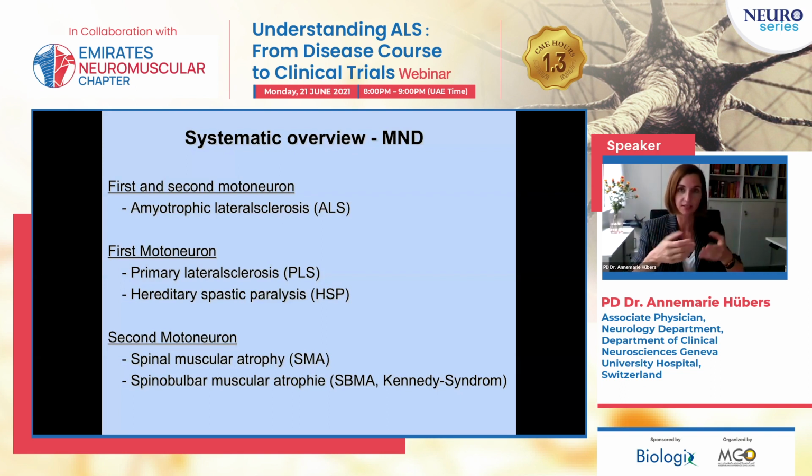And as the name implicates, this is a genetic disease. On the other hand, classical motor neuron diseases affecting only the second motor neuron are, of course, spinal muscular atrophy, the most common motor neuron disease in children, or spinal bulbar muscular atrophy, the so-called Kennedy syndrome, a genetic disease affecting mainly the bulbar muscles on the level of the second motor neuron.